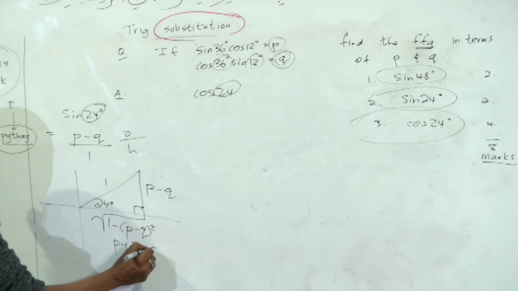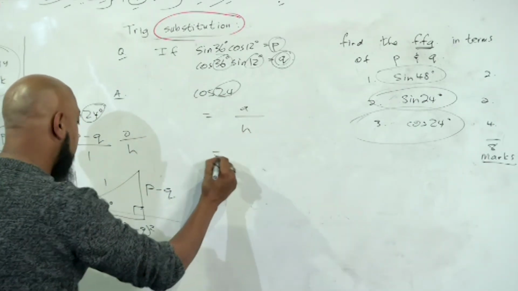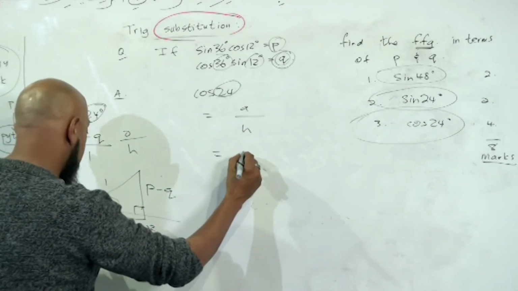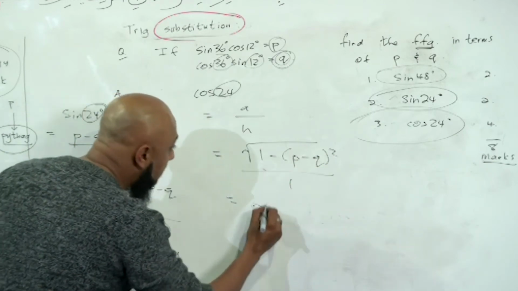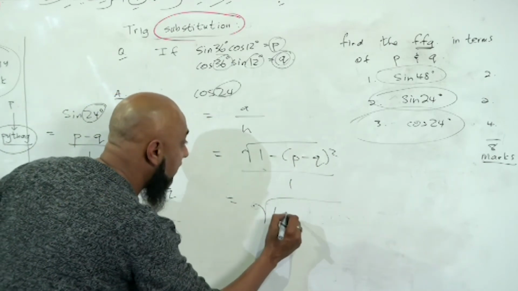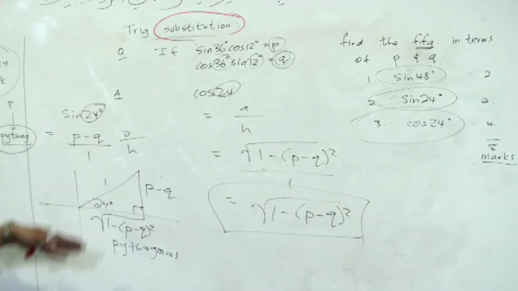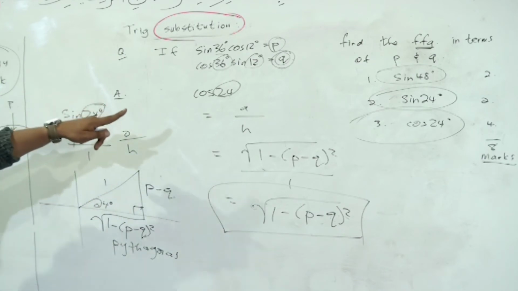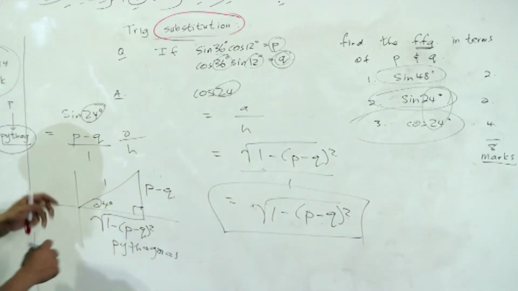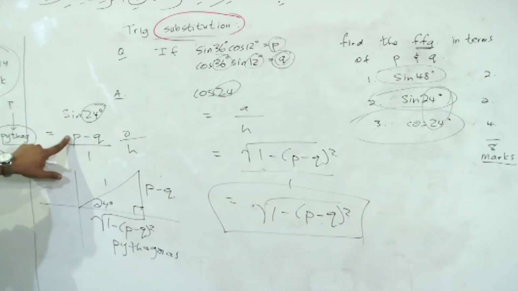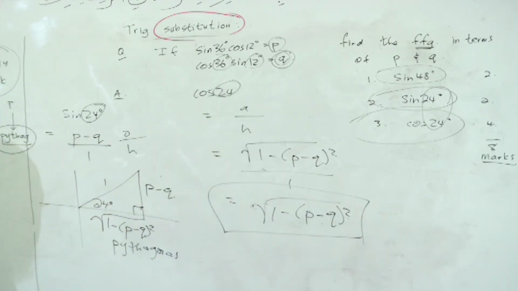So cos 24, adjacent over hypotenuse, is the square root of 1 minus P minus Q squared, over 1, which is the square root of 1 minus P minus Q squared. That's the way we answer the last one: look at the previous one because it's the same reference angle, 24 degrees. Draw your diagram, sine is opposite over hypotenuse, use Pythagoras and then answer cos 24.